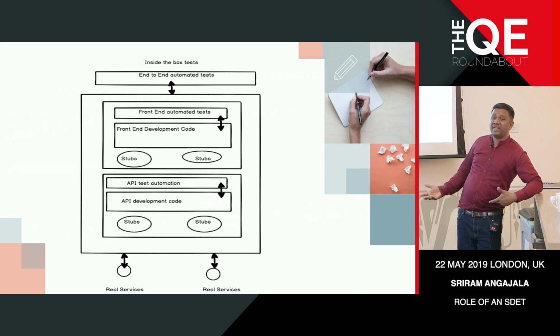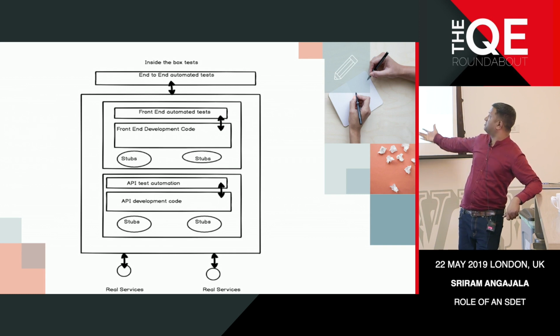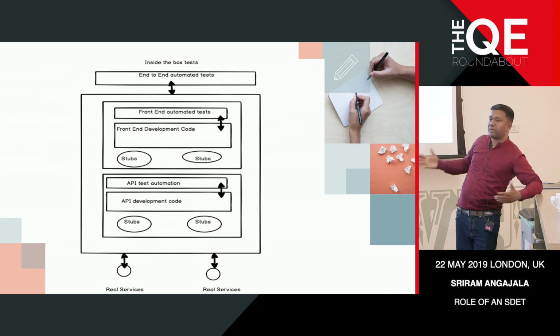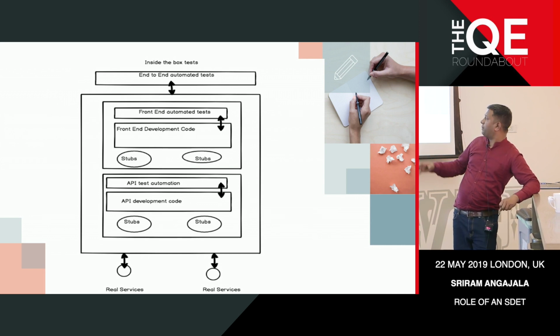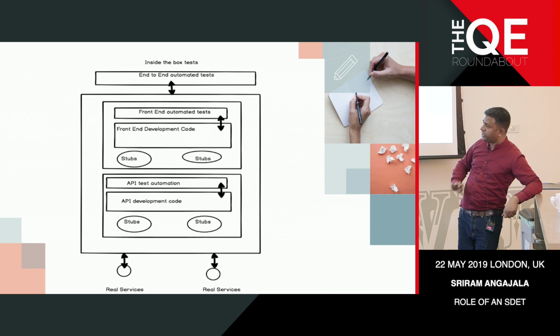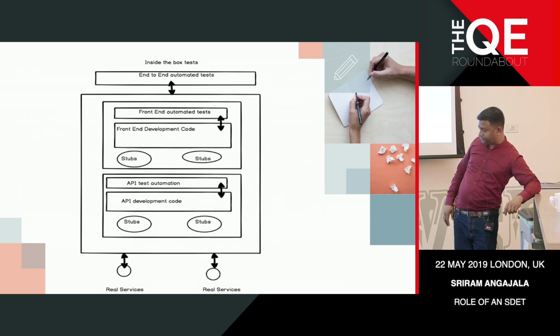There's a lot of debate happening. But as I said, an SDET should have an open mind and use stubs wherever required, and use the real services wherever required, and see an application this way. I don't want to talk about the pyramid, but it's about having more unit tests, integration tests, and fewer end-to-end tests.